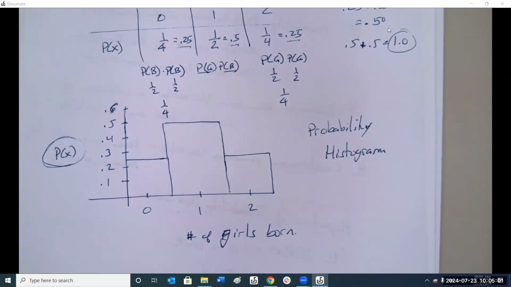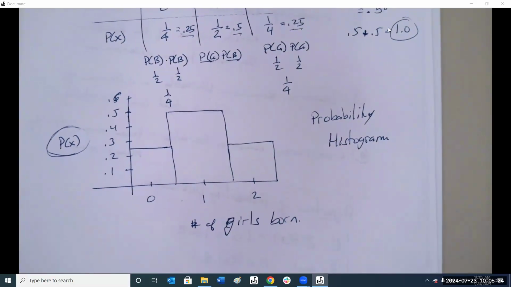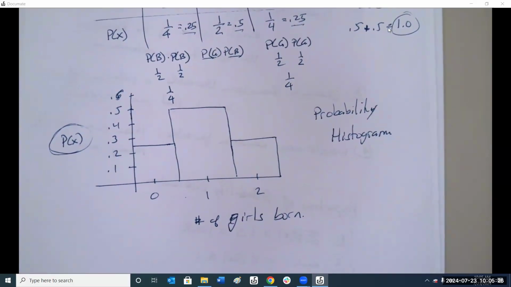So that's why. If it was integers like we did earlier in the course, in chapter 1 or chapter 2, then it would be just a histogram, because that would be a frequency histogram, looking at the frequencies of numbers. This one looks specifically at the probabilities.